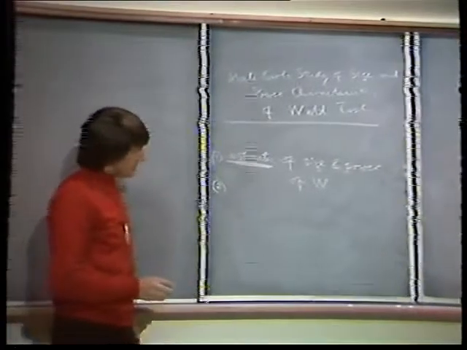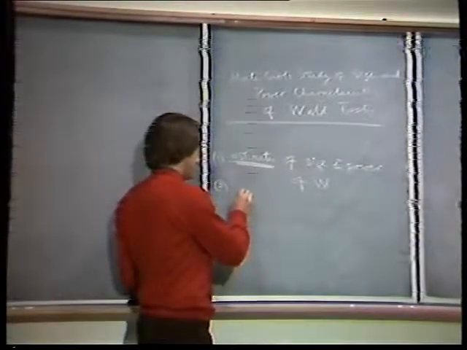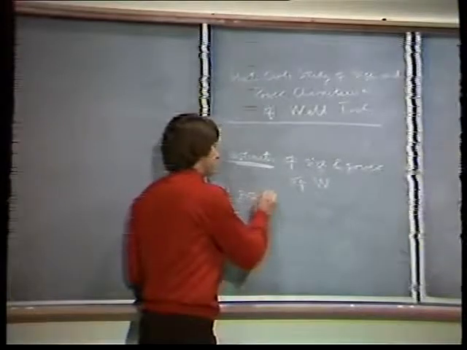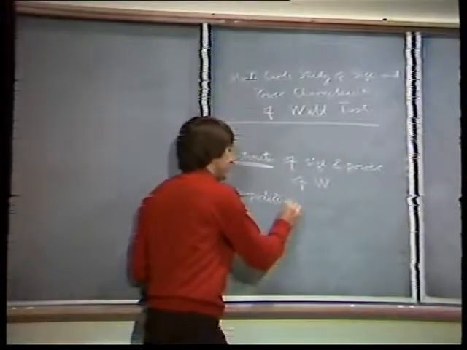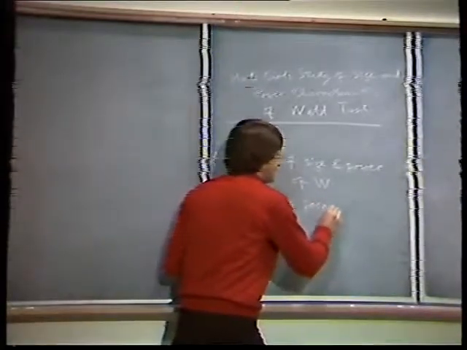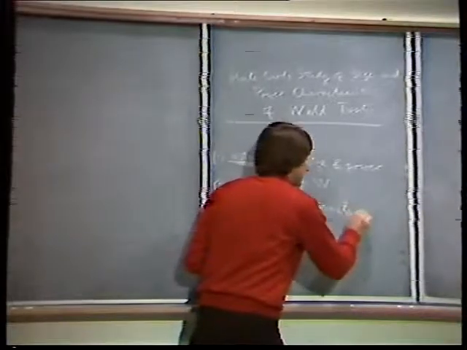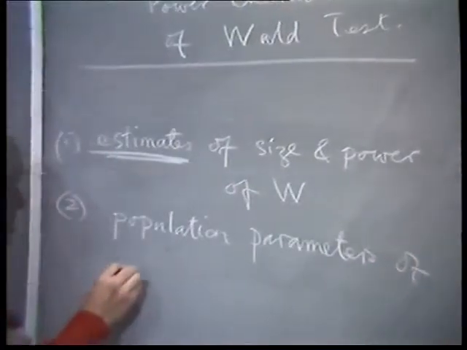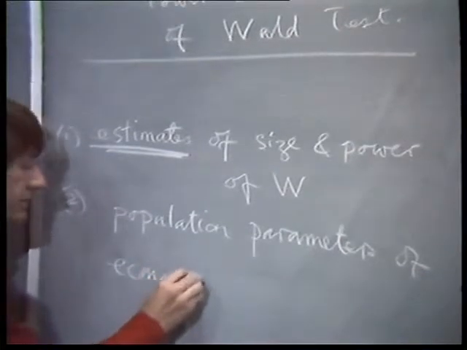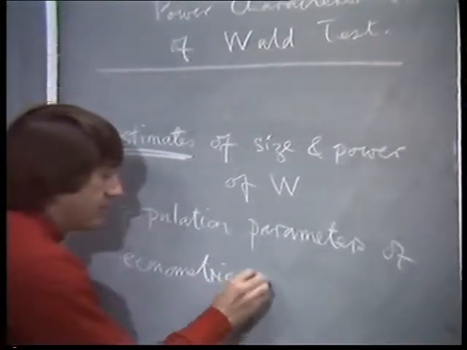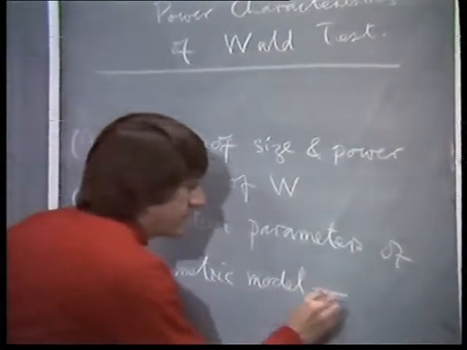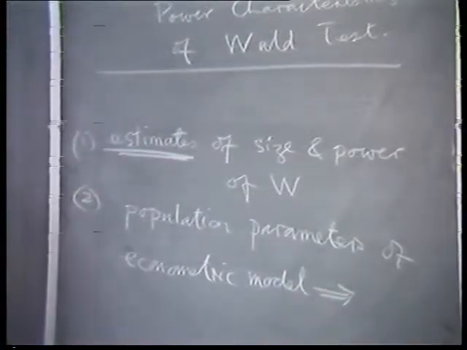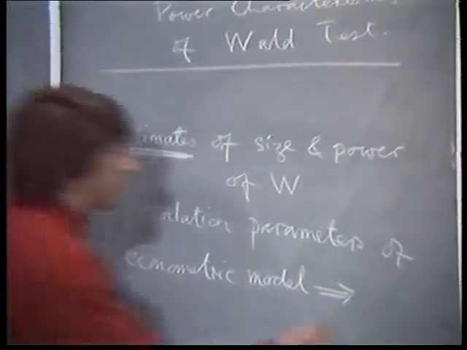Secondly, we should notice that the population parameters of the econometric model become the design variables for the Monte Carlo model.